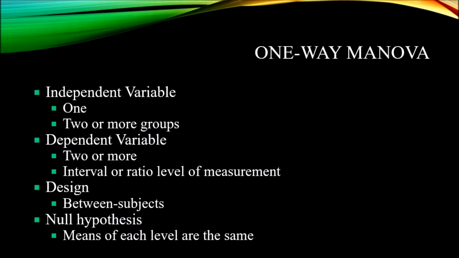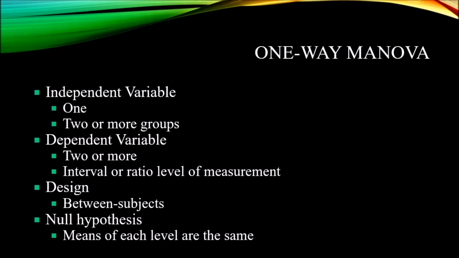So this is a multivariate analysis of variance. That's what MANOVA stands for, multivariate analysis of variance. These dependent variables must be measured at the continuous level of measurement, and we are working with a between subjects design here.